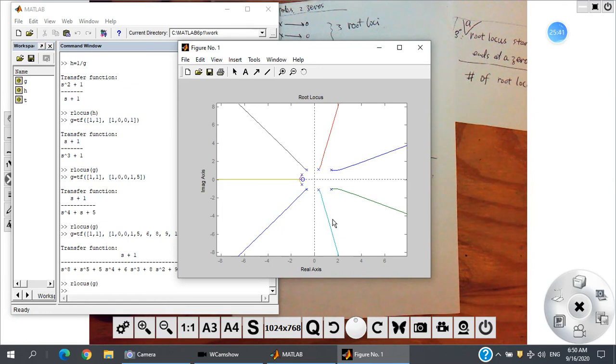Because when they go too far away from the original point, that means when k becomes large, this root locus looks almost equal to a straight line, and they separate the whole space equally, right? The direction is totally 360 degrees, the whole plane.